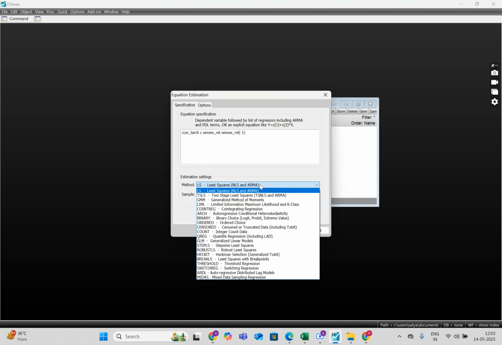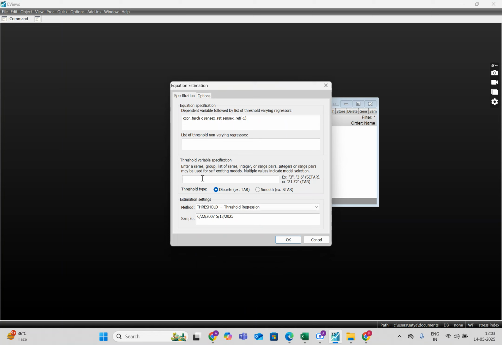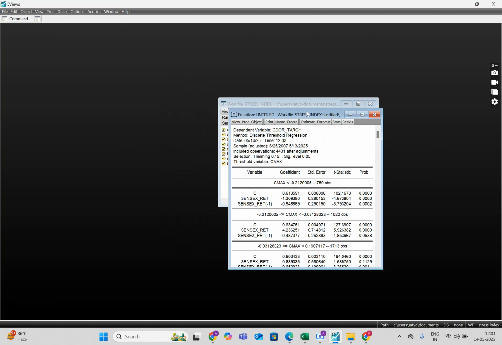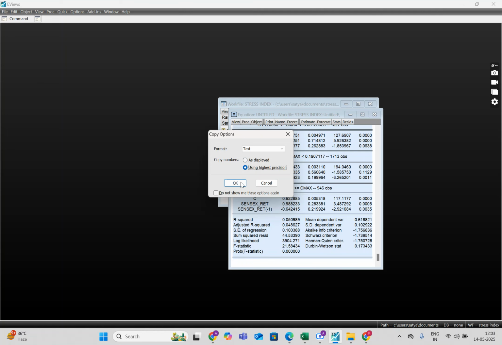This is the model, and then we are doing a threshold regression, and our threshold is Cmax. Now let me copy this data onto Excel, and there we will make our analysis.